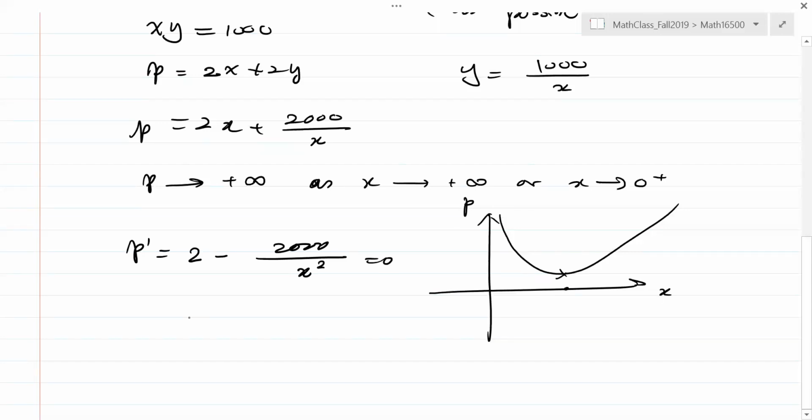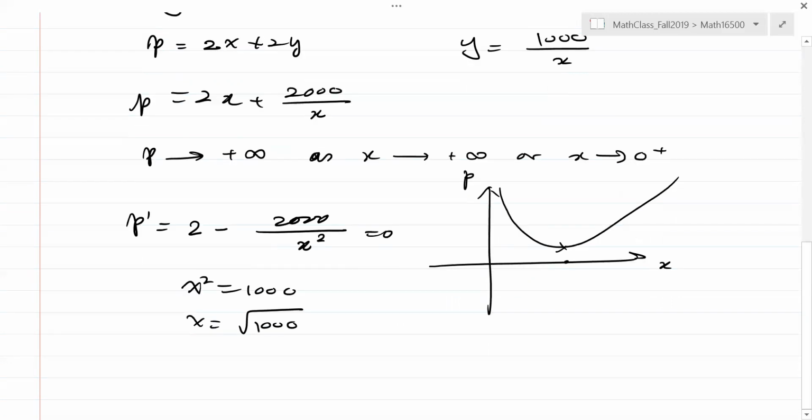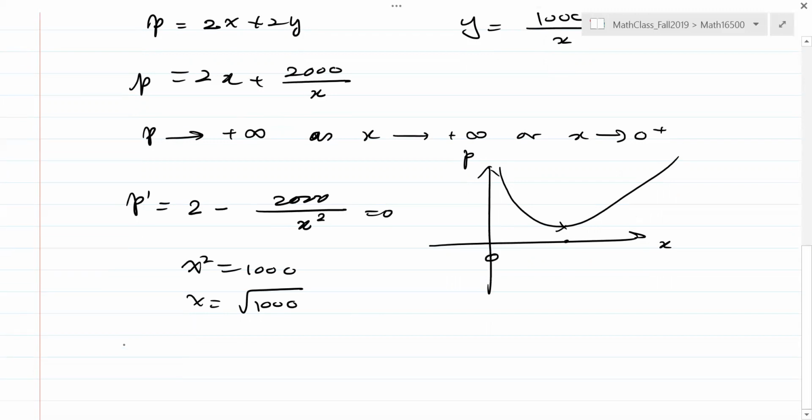Then x squared equals 1,000, so x should be equal to the square root of 1,000. Now you can do the estimate. This is the only critical number over the interval from 0 to infinity, so clearly P has a minimum at x equals square root of 1,000.